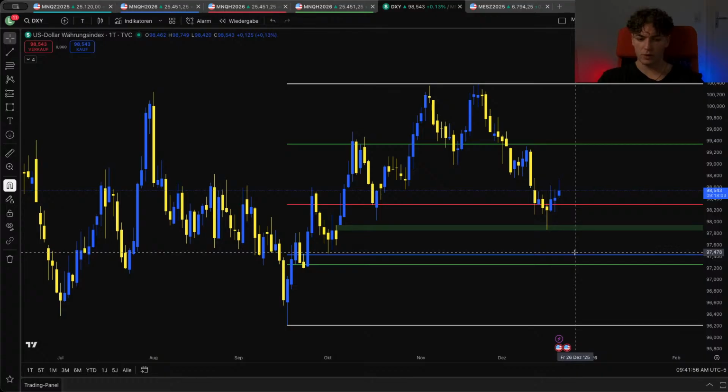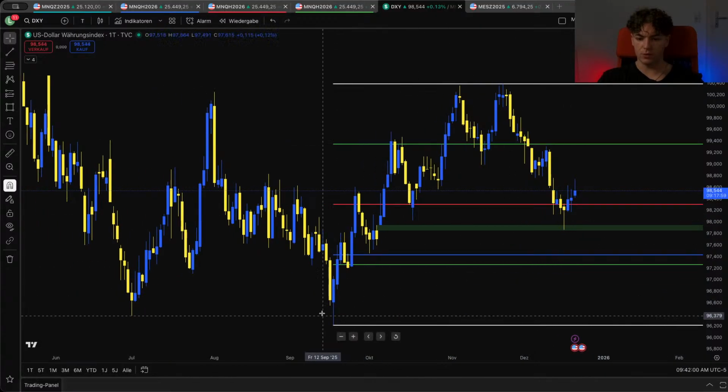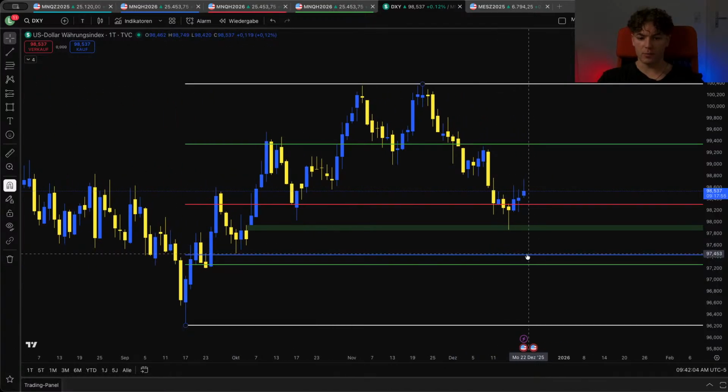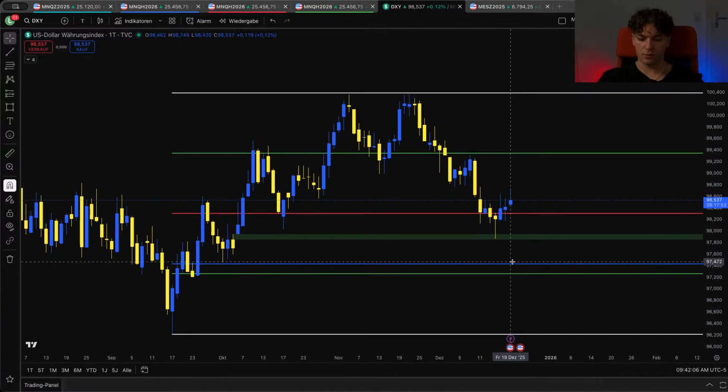So you don't require price to trade all the way down to original consolidation, but down into the 79 retracement level, which would be here, below this low right here.